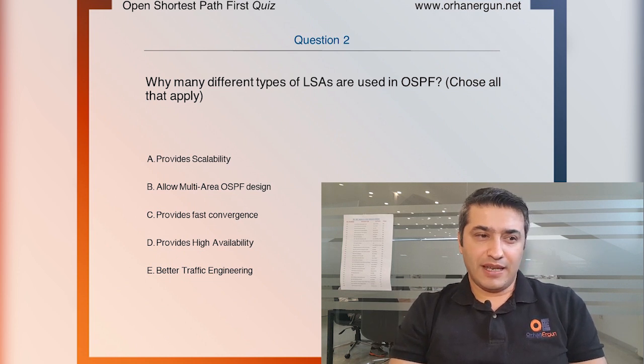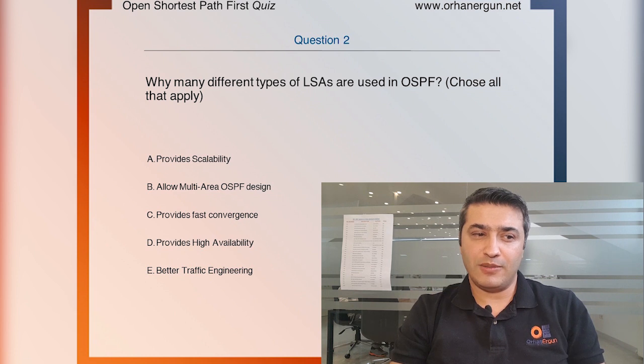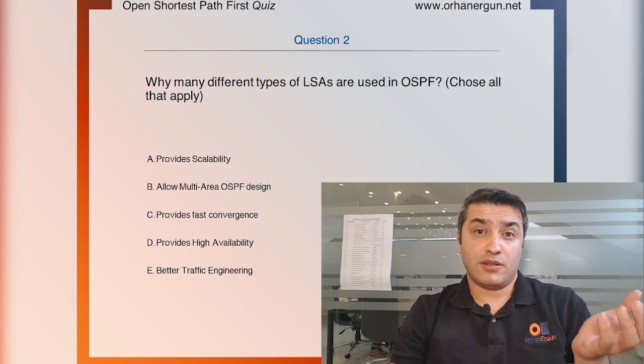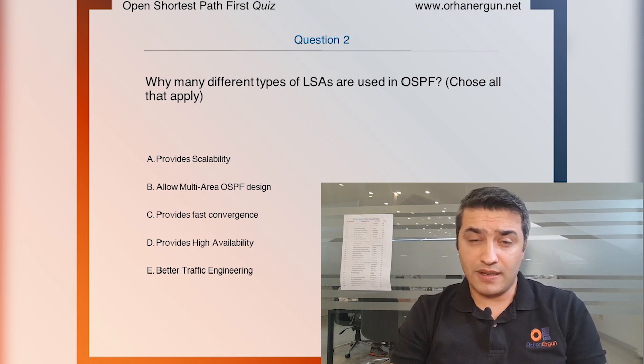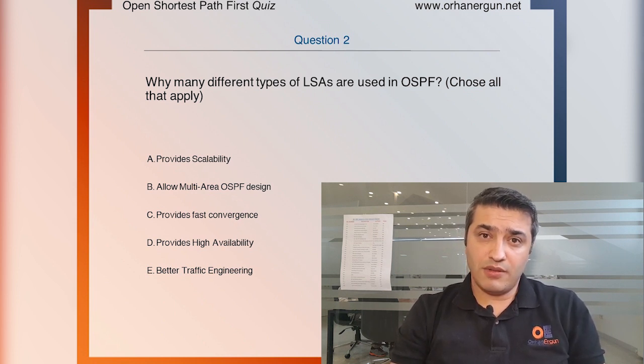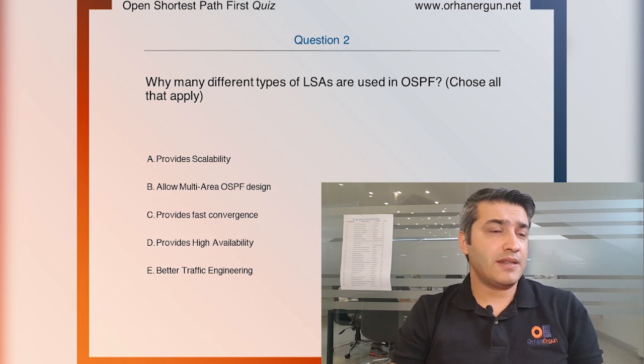Provide scalability, allow multi-area OSPF design, provide fast convergence, provide high availability and better traffic engineering. By the way, traffic engineering can be done at layer 2, as we talked about in the layer 2 design, and at layer 3 via IGP protocols, OSPF, IS-IS, EIGRP, RIP. It can be done with BGP as well. We will talk about it in the BGP lesson.